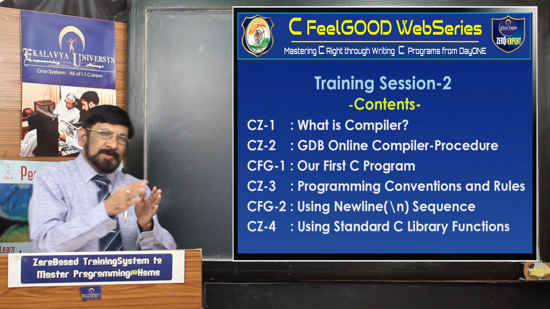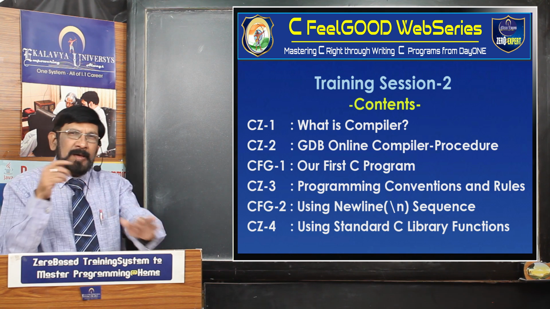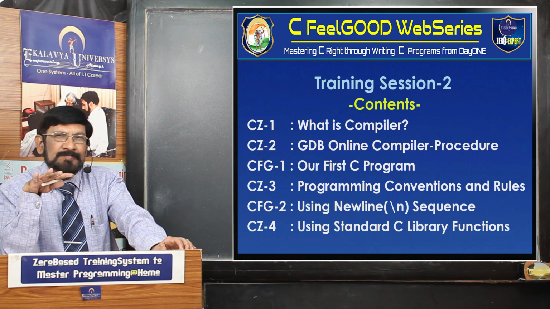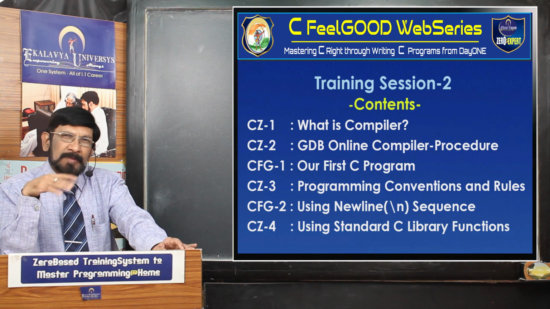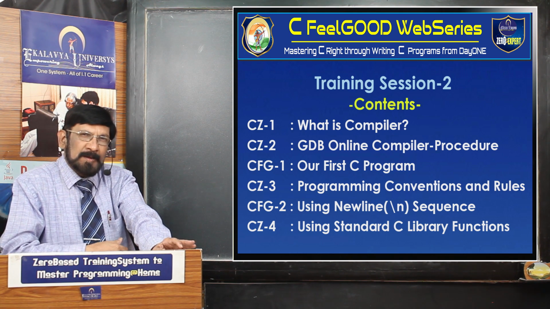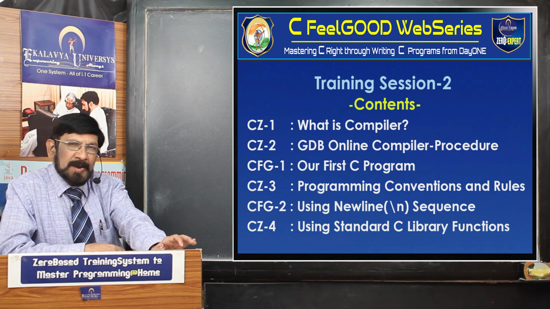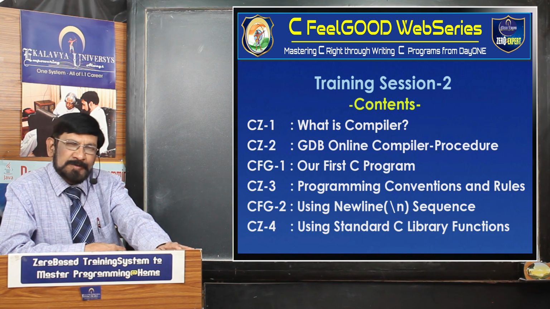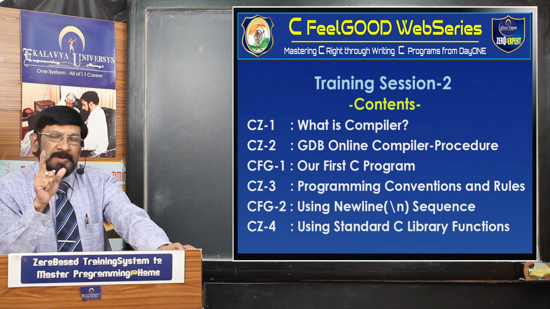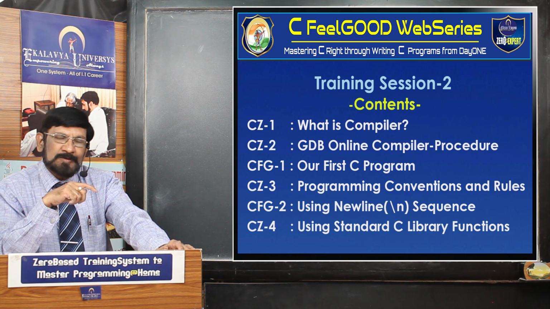That's why switching from one program to another is very easy. That procedure I am explaining to you. If you are interested, you can use GDP Online Compiler for all the languages. The procedure is simple. If you watch just 5 minutes, you can use it. Only one limitation is that without internet you cannot use it.